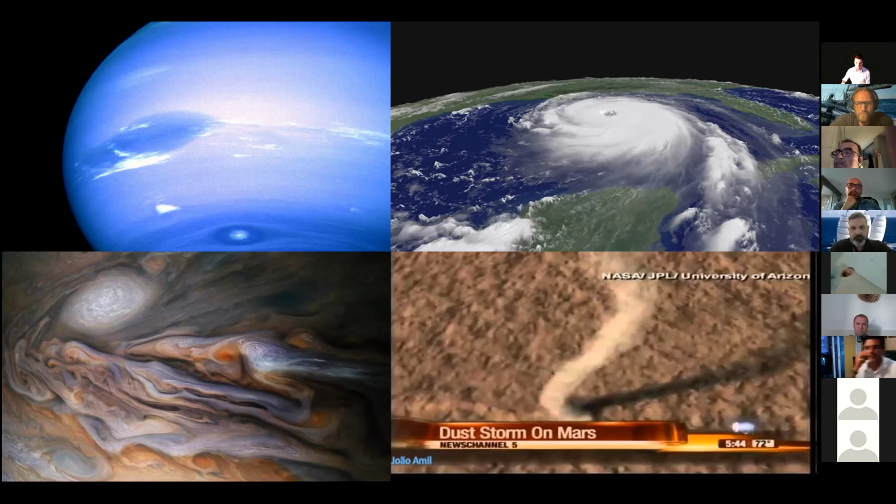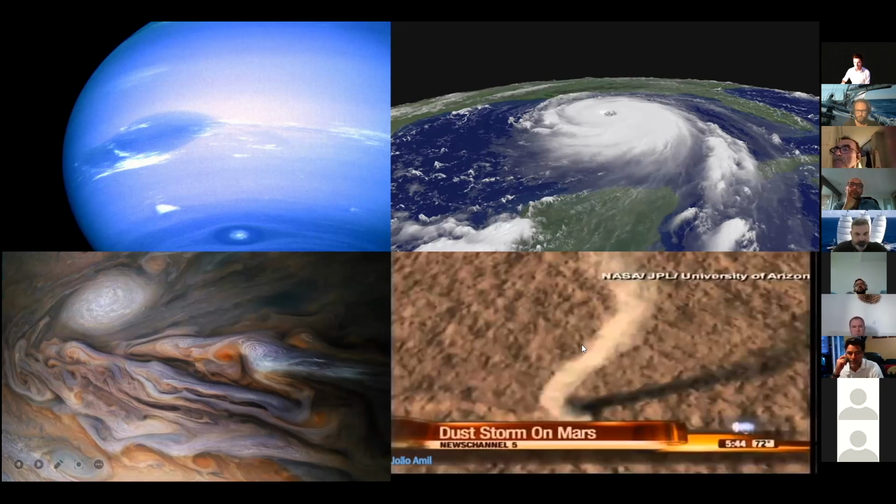I gave you here a few examples, like Neptune, where you can see a lot of clouds. You can also see planet Earth, there's a hurricane here, in a satellite image. Here is a picture of Jupiter, and Jupiter has huge storms, some bigger than planet Earth, with winds that reach thousands of kilometers per hour.